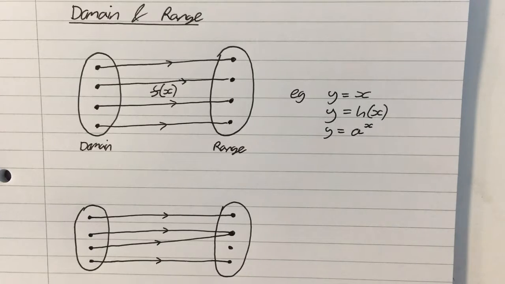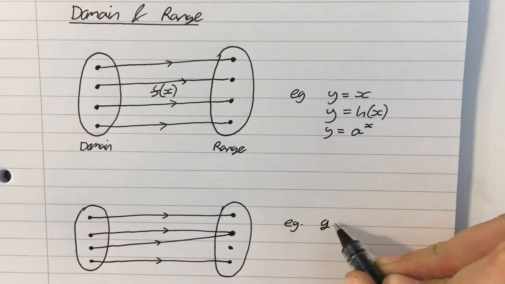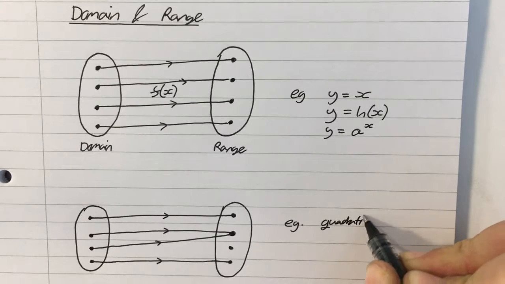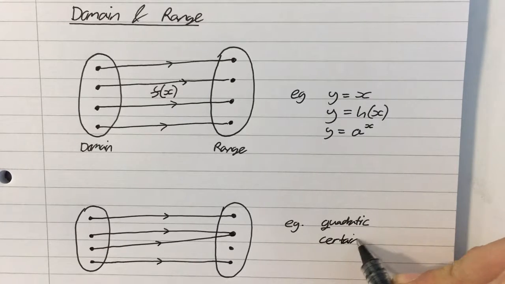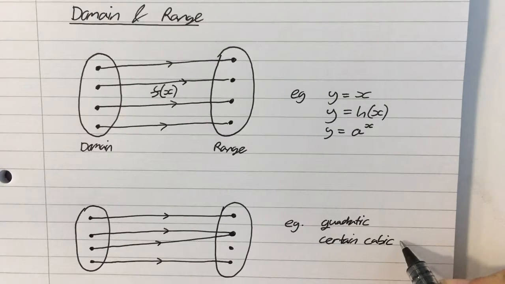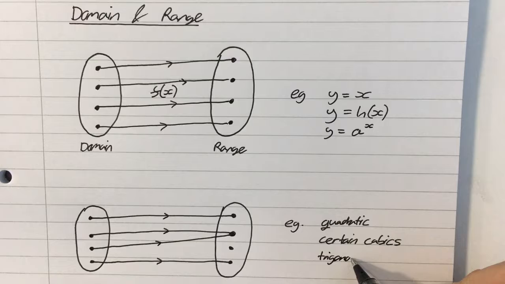So you might have a quadratic, or certain cubics, or perhaps a trigonometric one, like sine or cos.